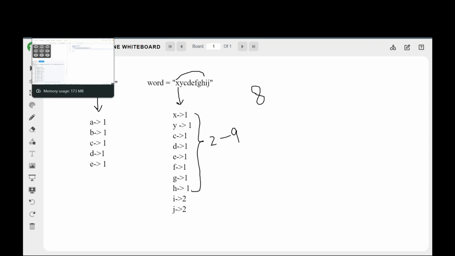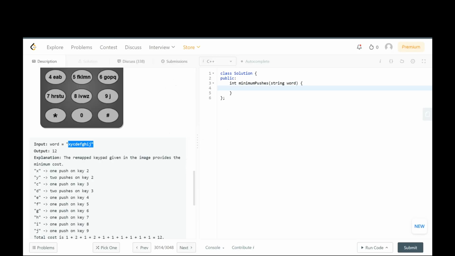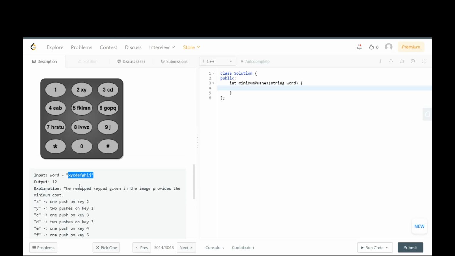What we are doing is rearranging these elements, and while rearranging, we want the minimum pushes required. So in order to get minimum pushes, first I will try to have the first 8 letters at all of these distinct digits, right? Then in the second cycle I will start filling the second position.